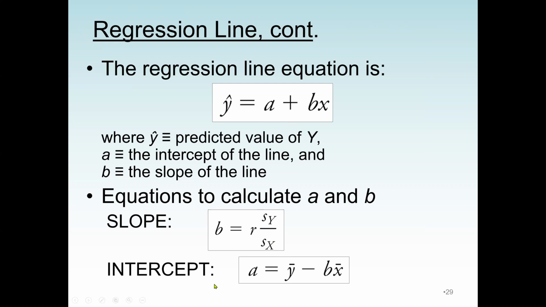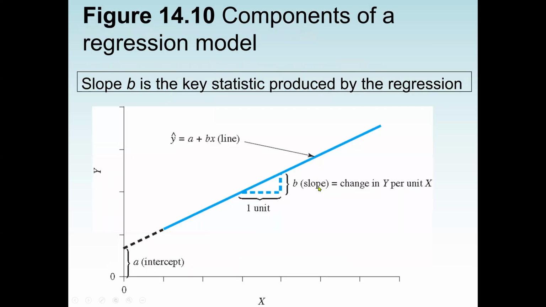Then the intercept A equals the average value of Y minus B times the average of X. If I know A and B, then I can come up with the equation: y caret is A plus B x. And we can see the slope of the line and the unit.